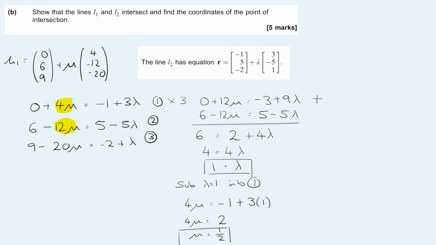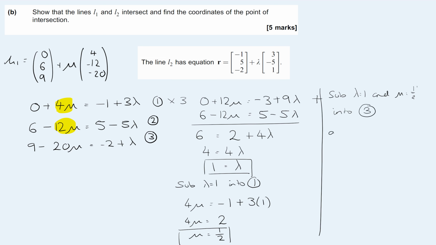So as I said when we started part B, the final thing to do is to show that they intersect. So to show that they intersect, we're going to sub into equation 3. So effectively you'd be doing a new line, but I'm just going to go over here. Sub lambda equals 1 and mu equals a half into equation 3.